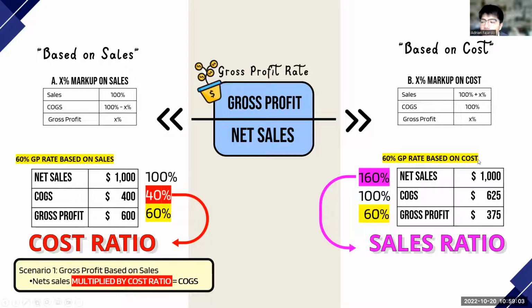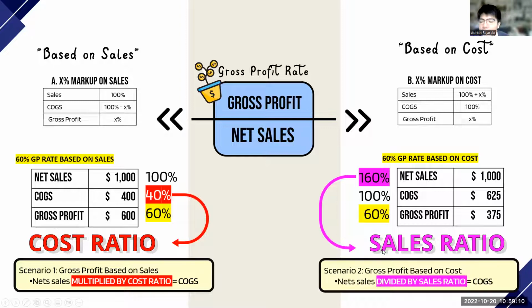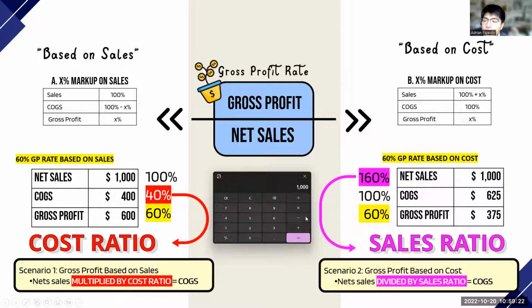So when it's based on cost, to be able to get your COGS when all you know is net sales, we basically divide our net sales by the sales ratio. So again, we're just looking for our cost of goods sold, right? All we know is our net sales, and we know that our sales ratio is 160%.